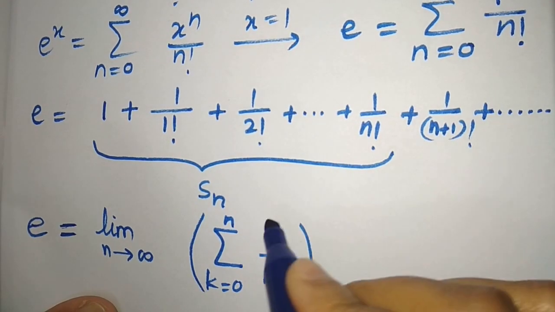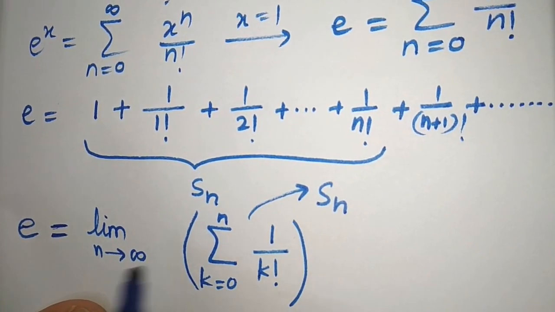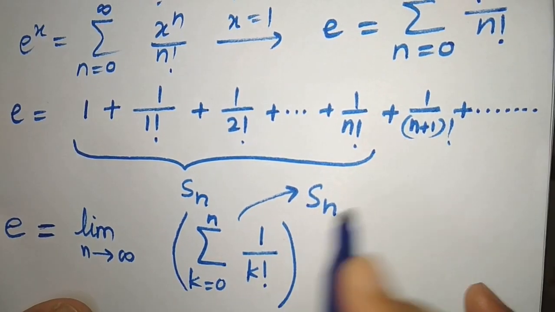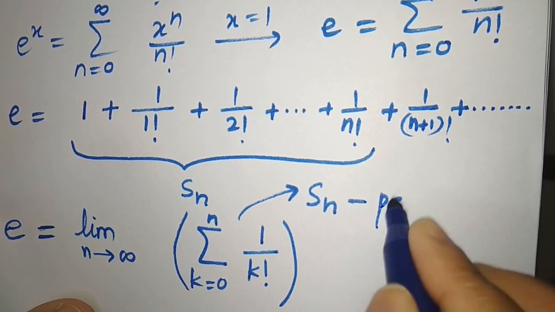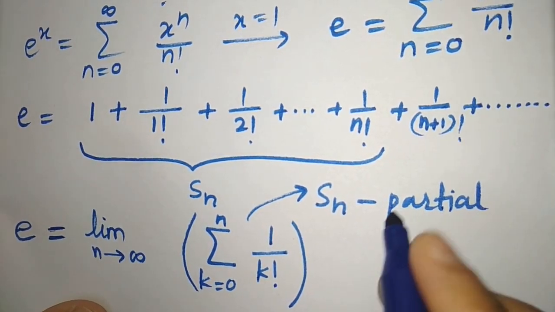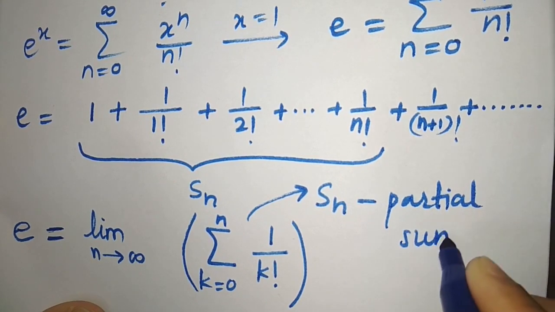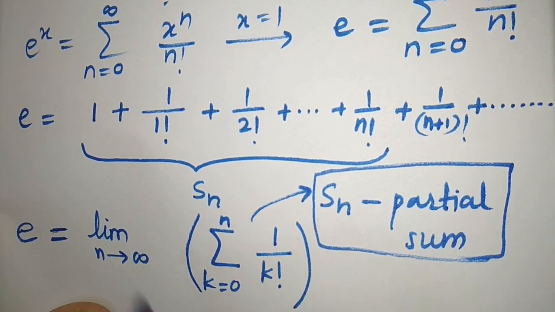Now this is nothing but our Sn, correct? So the series of e has this partial sum Sn. The sum of the first n terms is denoted by Sn, which is the partial sum of the series.